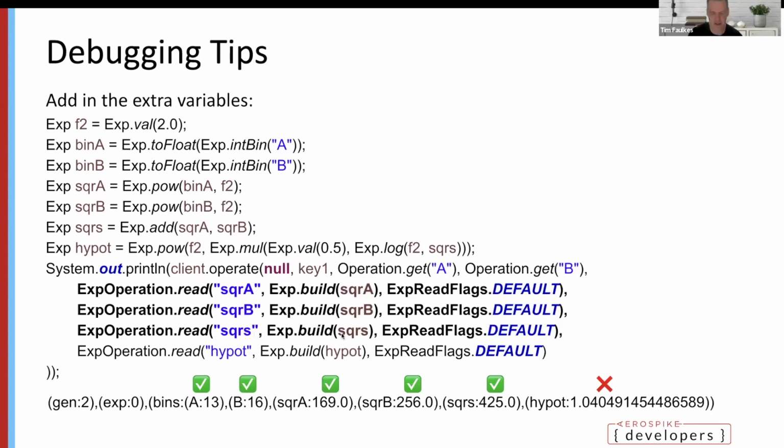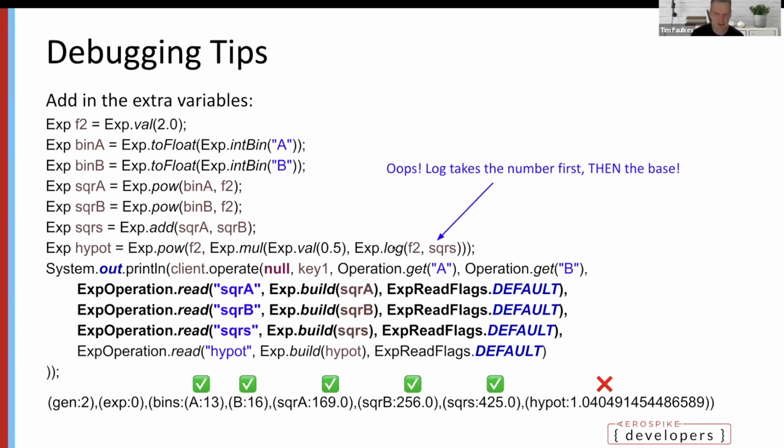Same thing, the sum of the squares, same thing. And this gives me each one of these steps as I go through. And I can see, well, A is 13, B is 16, obviously. Square of A is right, it's 13 squared. Square of B is 16 squared. The sum of those squares, if I add those two together, is right. My hypotenuse is horribly wrong. So it went wrong in this part here.